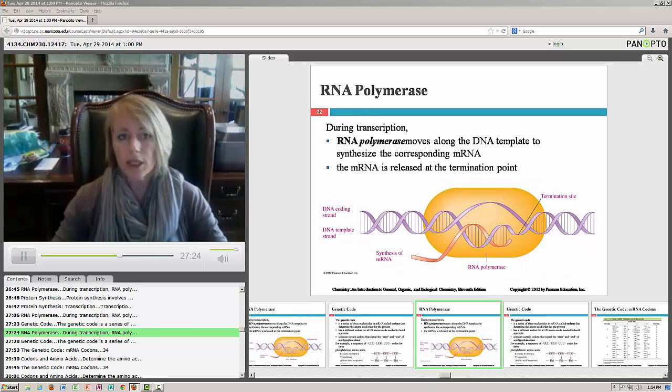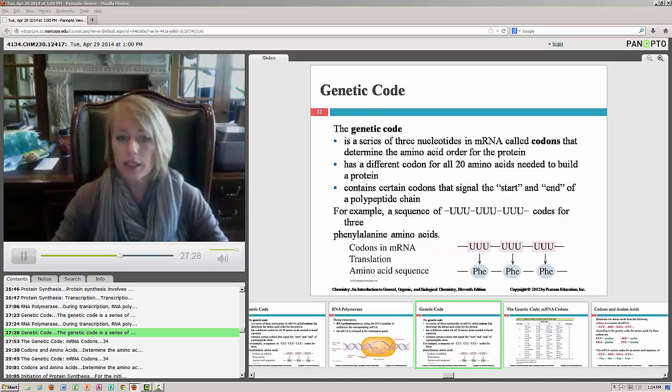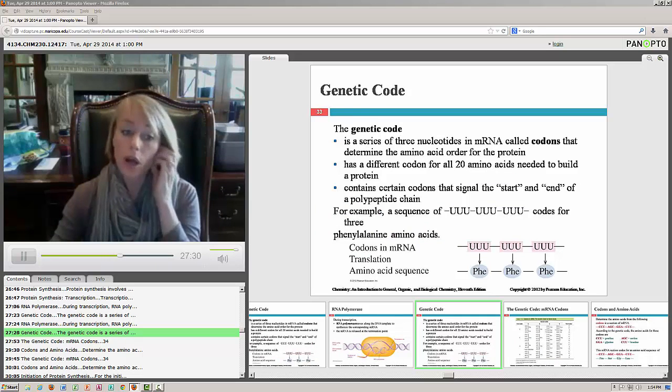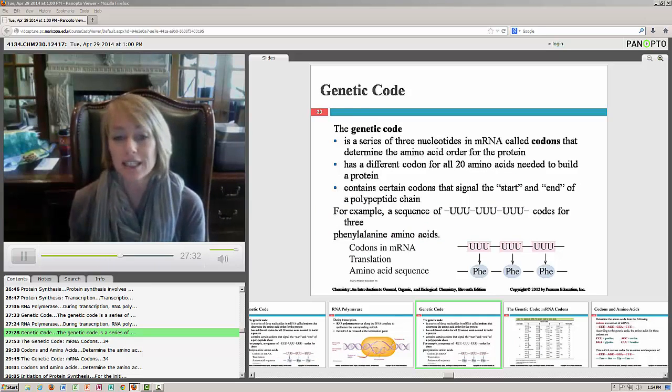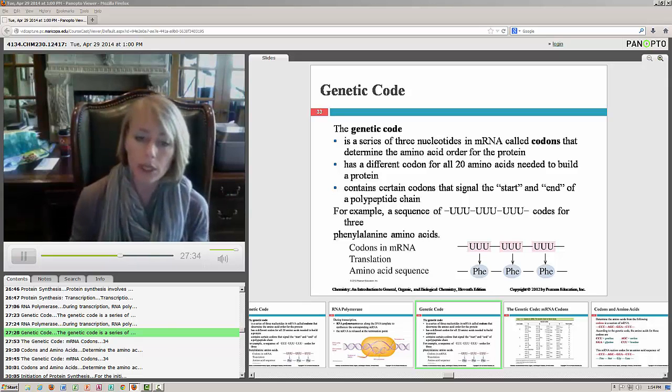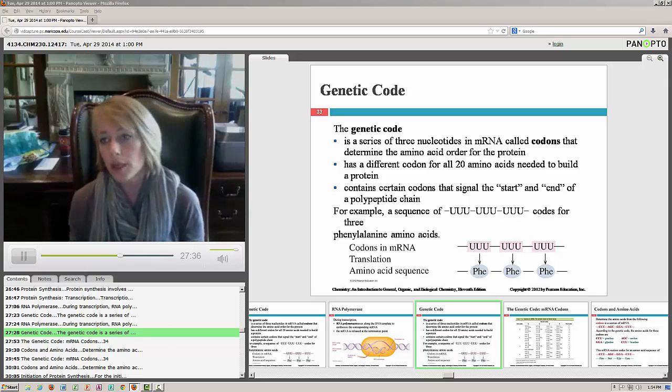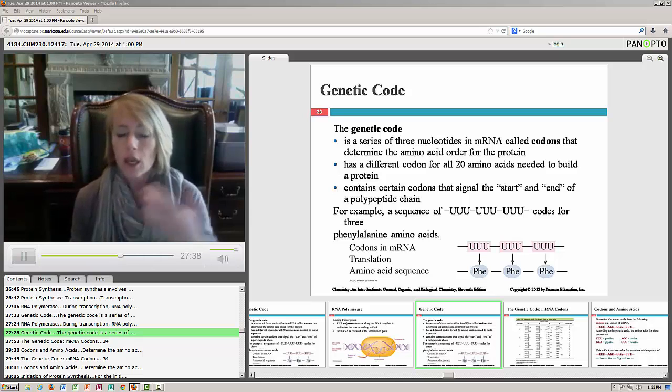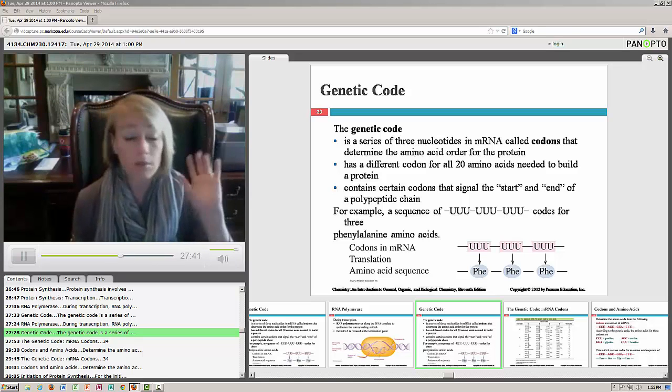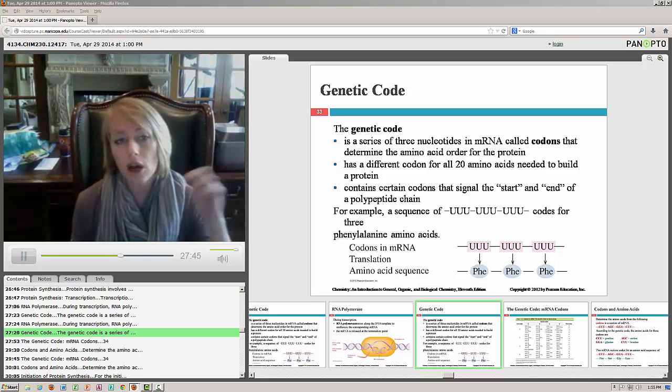After the message is transcribed, it's carried out of the nucleus to the endoplasmic reticulum, where the codons will be translated at the ribosomal unit into the language of amino acids. How do we know which ones are which? Some poor grad student somewhere along the way has tested every single combination of codons that are possible for 20 amino acids.